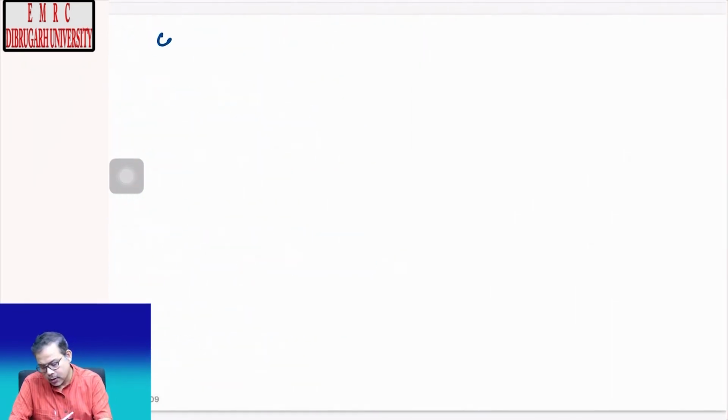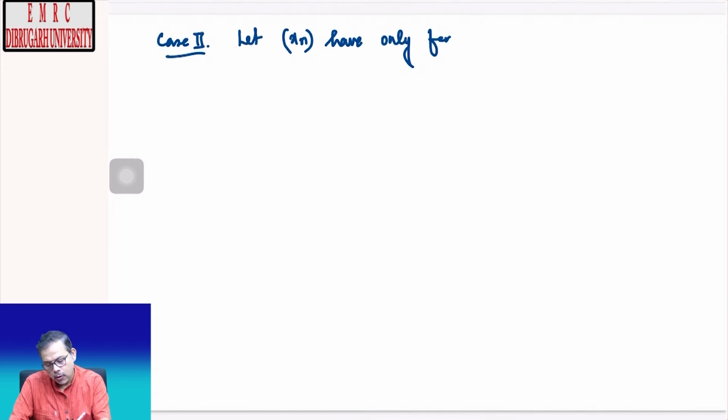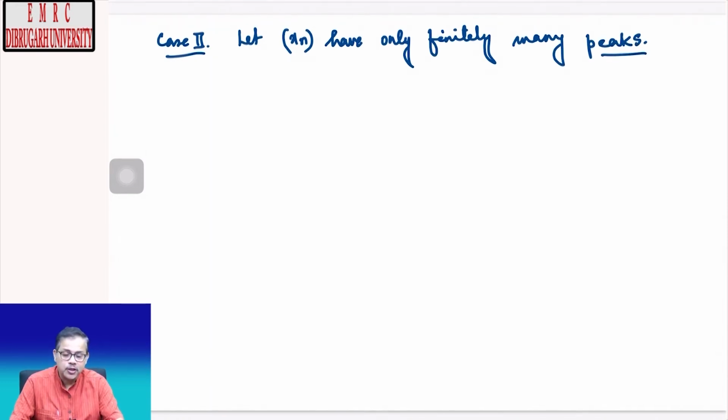What is that? Case 2. Now, suppose xn has only finitely many peaks. Finitely many peaks means it may not have any peaks also. Therefore, we should mention it: or no peaks.